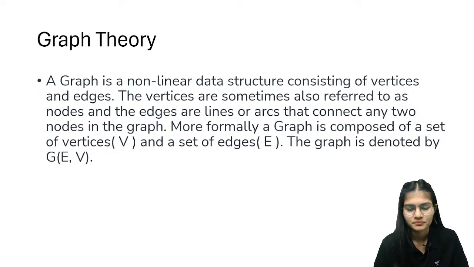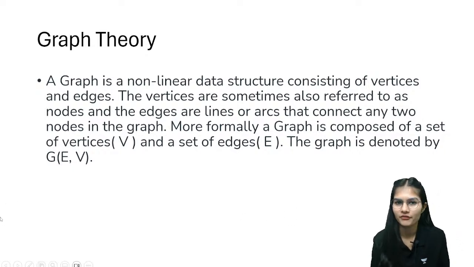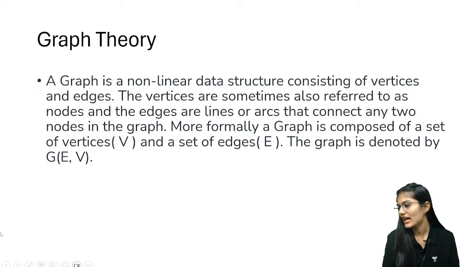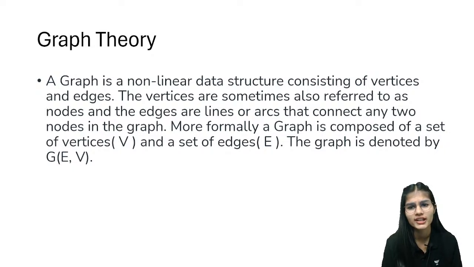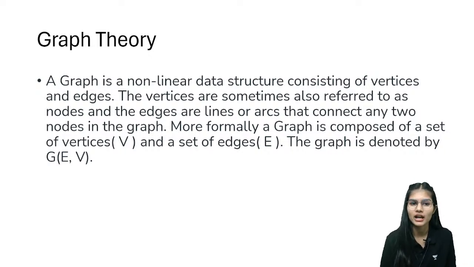Great, guys. So for today, our topic of discussion is graph theory. As I told you all, we covered the searching and sorting algorithms, starting from linked lists, stacks, queues, trees, heaps, everything. Now we come to the very last topic of your GATE DS and AI, data structures and algorithms syllabus, which is graph theory.